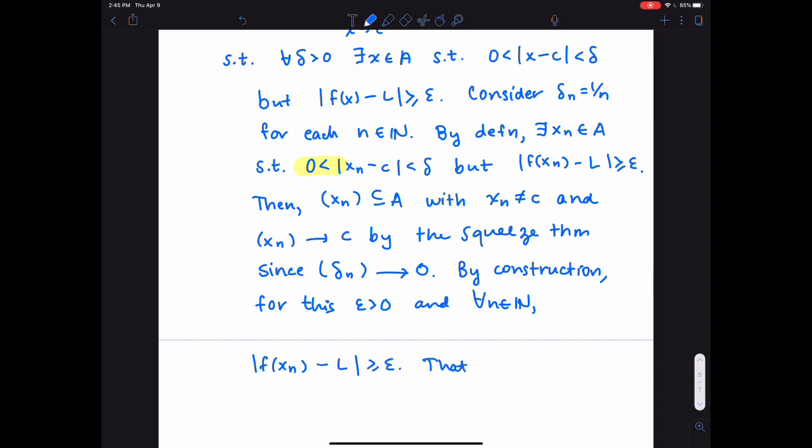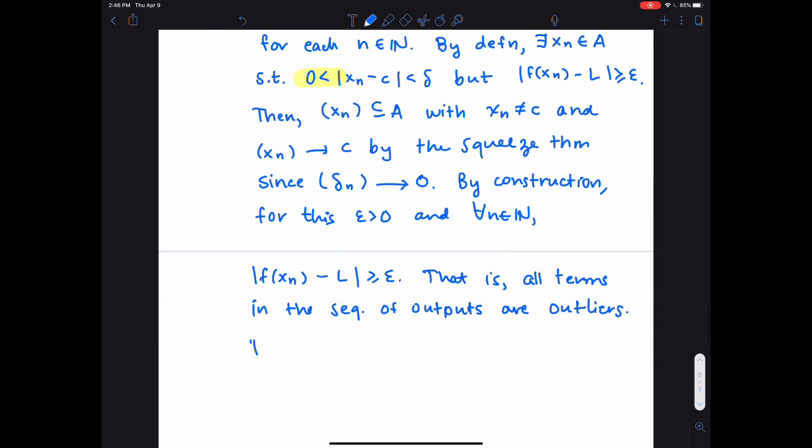That is, all terms in the sequence of outputs are outliers. Thus, f of xn does not converge to L.